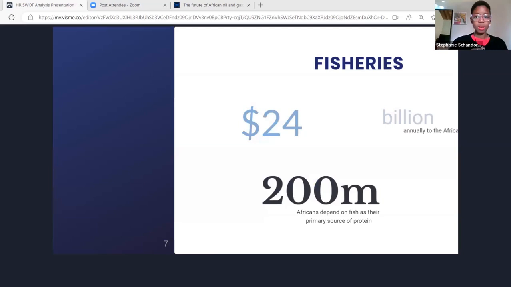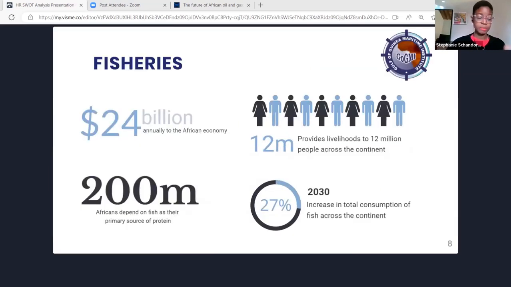Okay, so let's start with the fisheries subsector, right? The fisheries sector. Currently, it's believed that fisheries and aquaculture contributes more than 24 billion annually to the African economy. And the fisheries sector alone also provides employment for more than 12 million individuals across the continent.